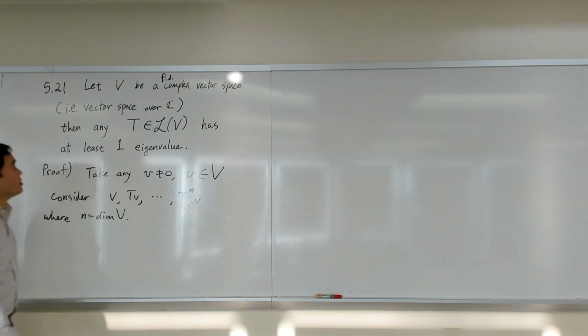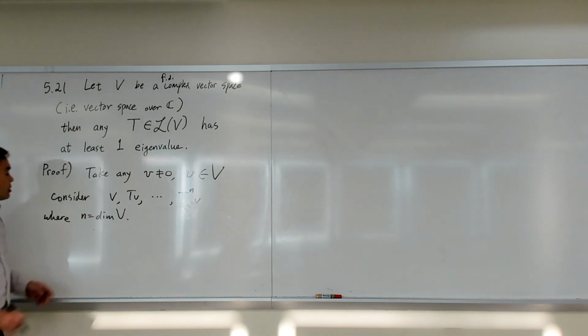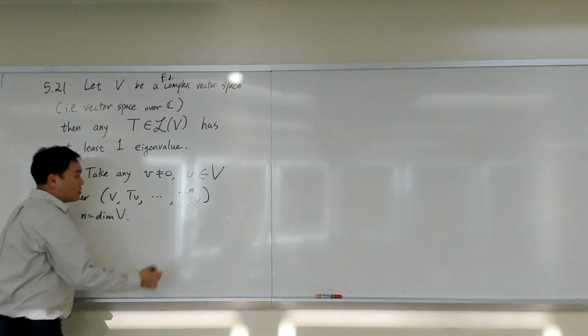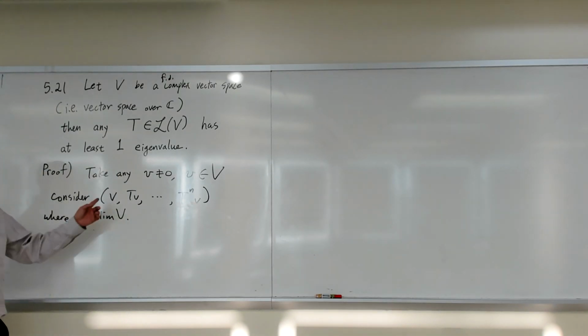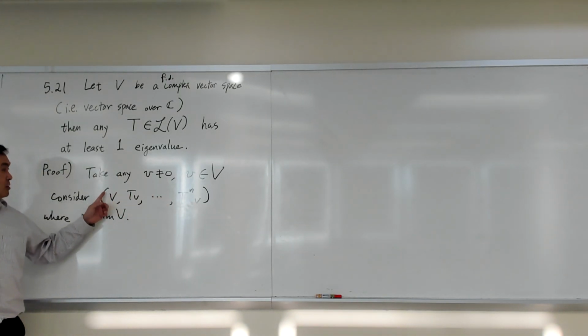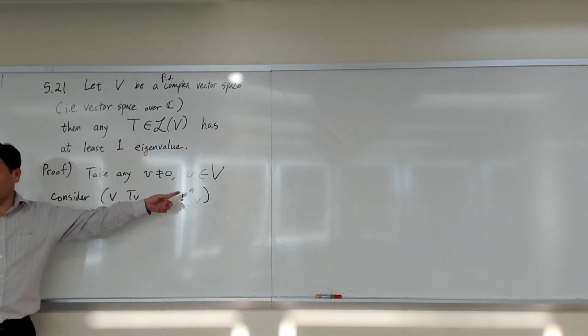Okay? It's a finite dimensional one. Now, what's the length of these vectors? How many do you see? T^0, T^1 until n, so it's n plus 1.